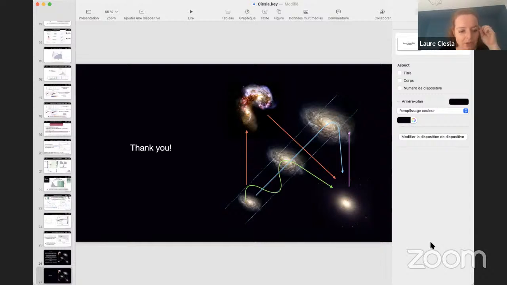This is how we test whether, even with non-detections in given bands, we can constrain the parameters and say something about them.